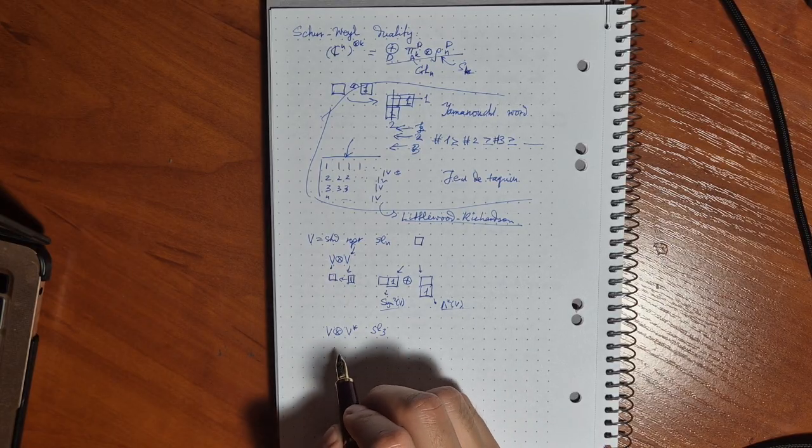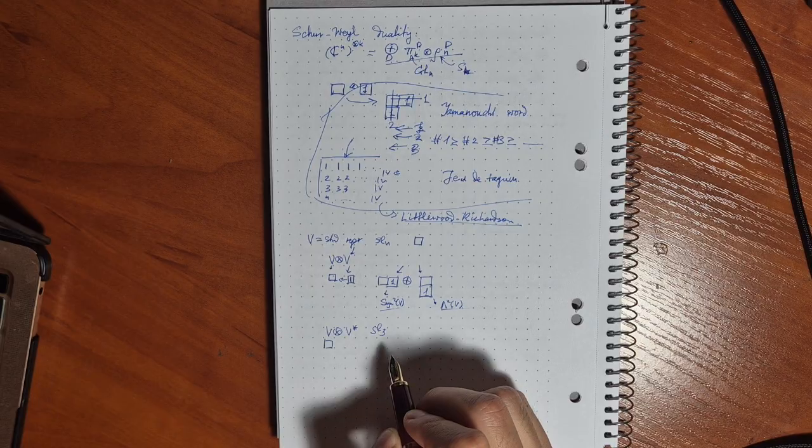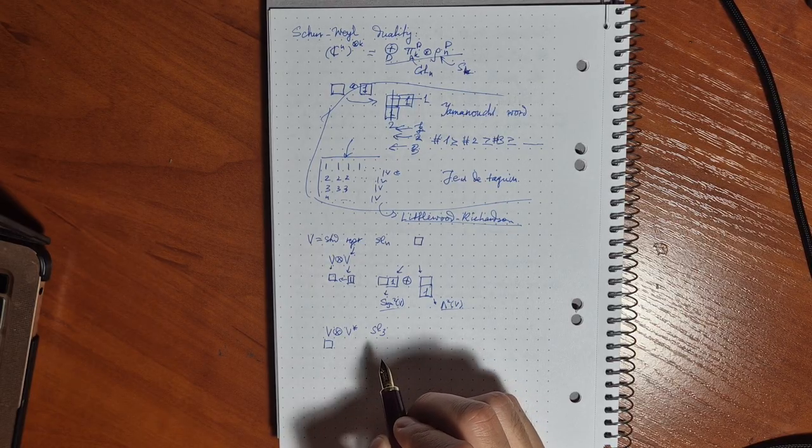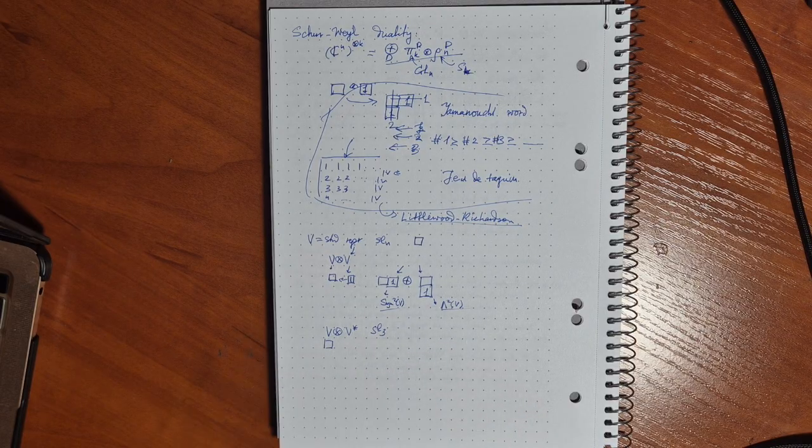So this one is a box. Where did I write down the exercises? I cannot find it. I should have written it down in some other notebook.